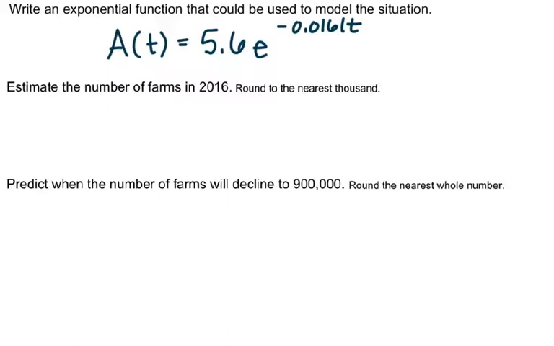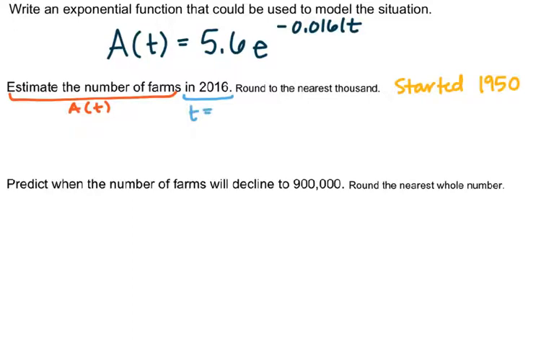So remember, our initial data, we started in 1950 keeping data. So we want to know the number of farms, which is my end amount, A of t, in 2016. So that means I know a time value.